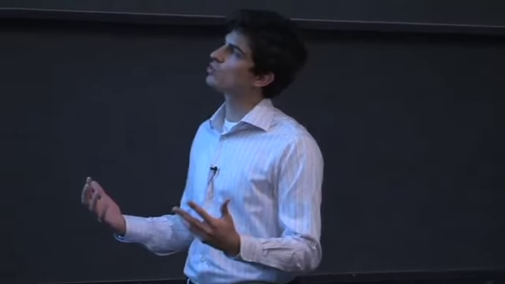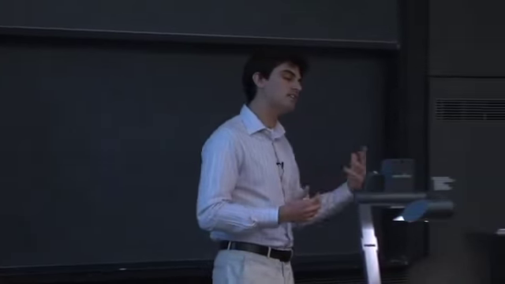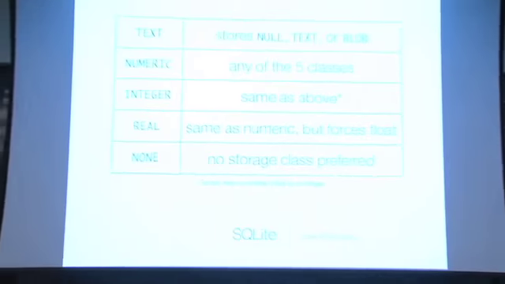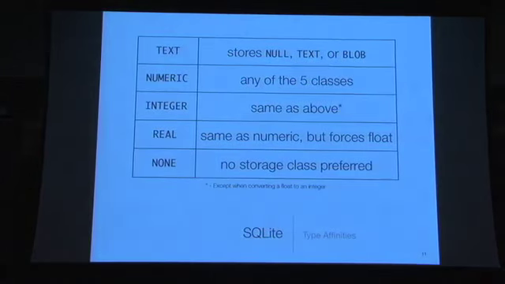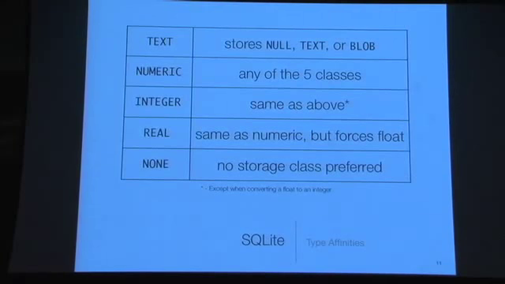We can't actually tell SQLite how we want to store this data, but we can tell it that for the vast majority of data that we're inputting into a specific column, it's going to match one of these types of data. It might be text, numeric, integer, or real, or it might have no particular affinity, so that SQLite can pick however it wants to store that particular data.